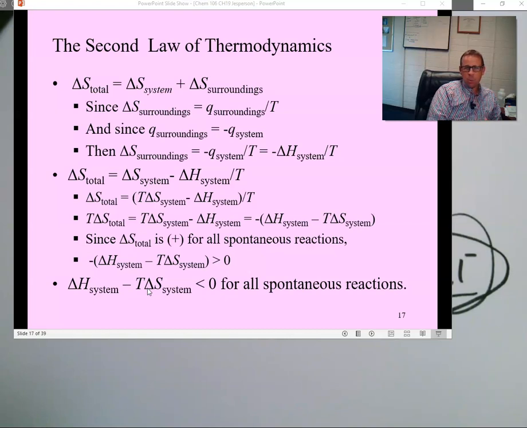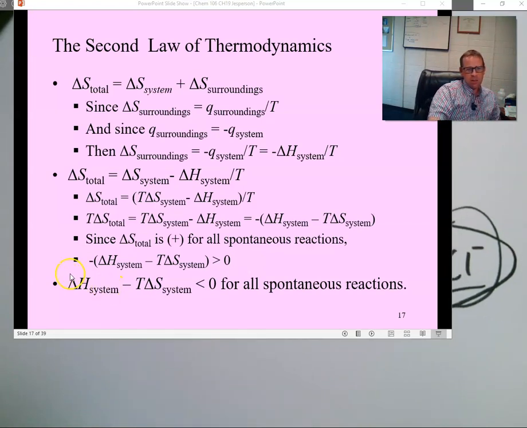And as things become more disordered, in general, that means the reaction has a reason to proceed, or as it proceeds, the disorder itself prevents the reaction from going backwards, because as things become more disordered, it becomes harder to push the reaction backwards, right? So this statement here, delta H minus T delta S, is always going to be less than 0 for spontaneous reactions.